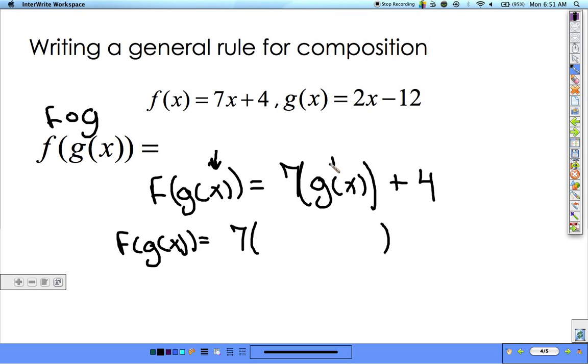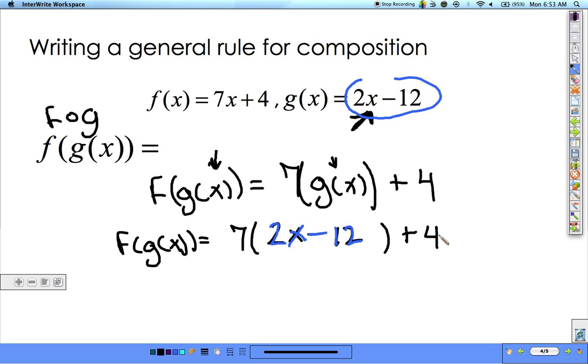So instead of writing g of x, I'm going to write something that g of x is equal to, which is 2x minus 12. Right, so since that's equal to g of x, that's okay to do.